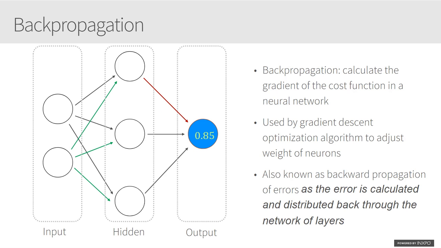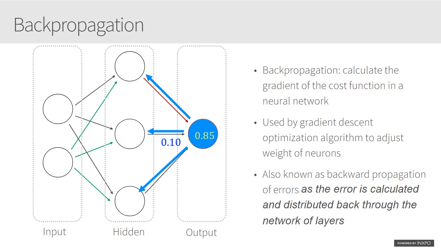What's going on here is that based on our calculations and the gradients, the original value is 0.75, the model calculated it, and the actual value is 0.85. We send the error back through the network so that we can try to make the model better.